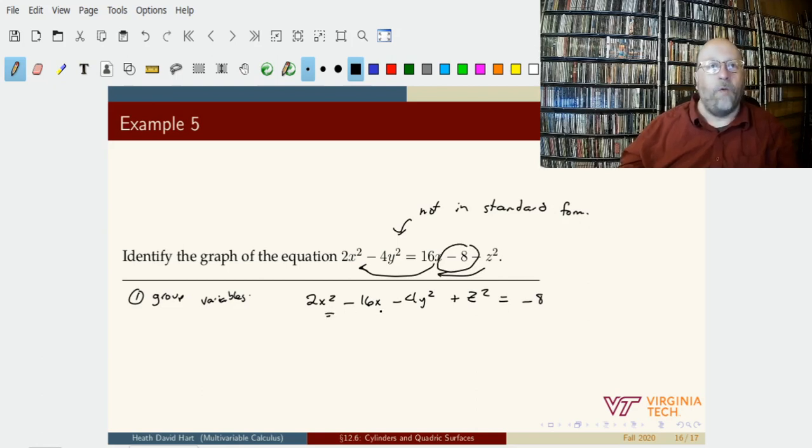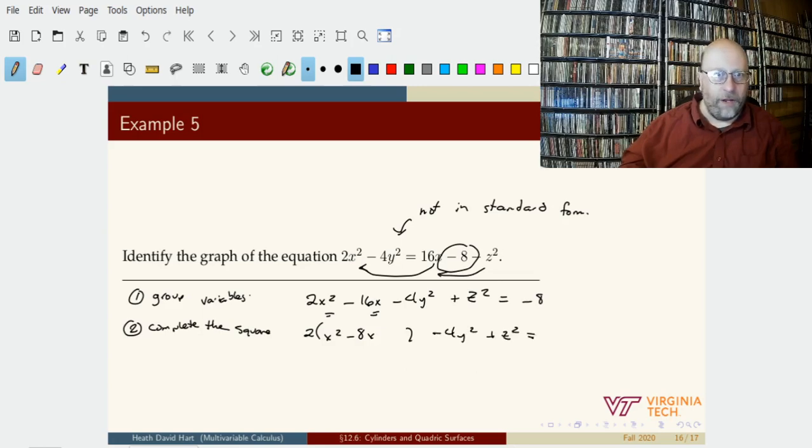I have an x squared and an x, so we're going to have to complete a square. And there's a 2 in front of here, which complicates things a little bit. This is now 2 times x squared minus 8x inside parentheses, minus 4y squared plus z squared equals negative 8. To complete the square, take the negative 8, divide it by 2.